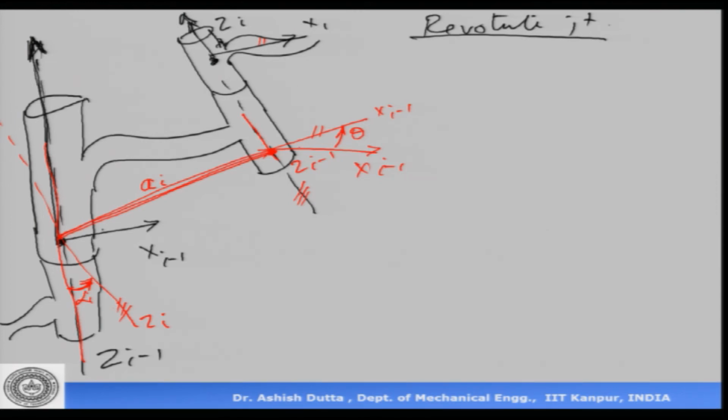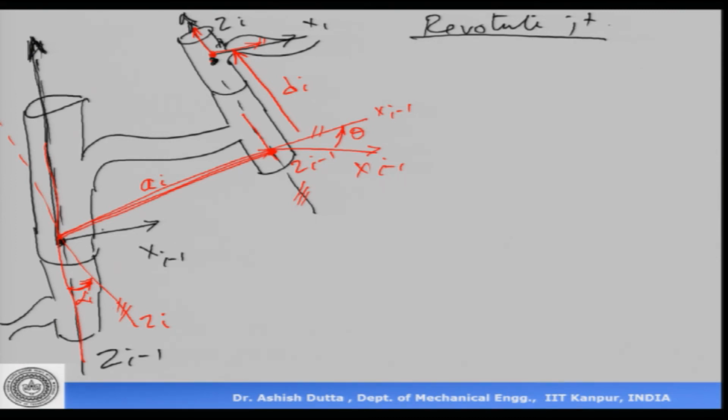Now, the z's are aligned, the x's are also parallel to each other, but the origins are still not the same. So, I move the origin up by a distance d i. After that, the origins are the same and the z axis and the x axis of both the frames x i and x i minus 1 are the same.